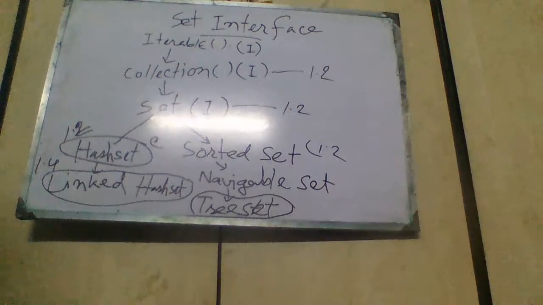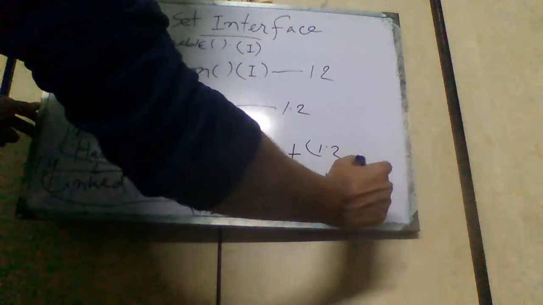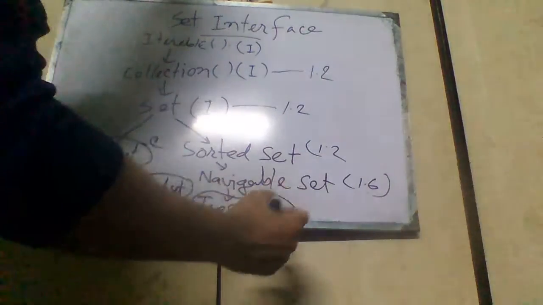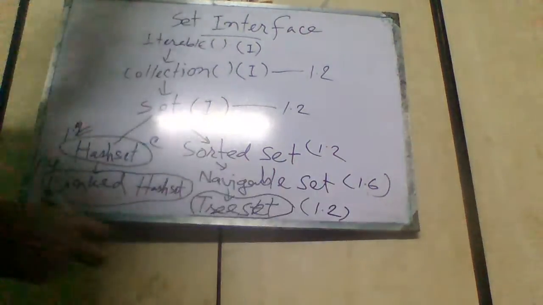NavigableSet came in version 1.6, and TreeSet came in version 1.2.